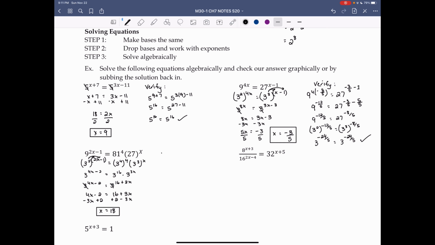Let's verify algebraically. I'm going to start here where I have the same base. I've got 3 to the power of 4 times 18 minus 2 is equal to 3 to the power of 16 plus 3 times 18.